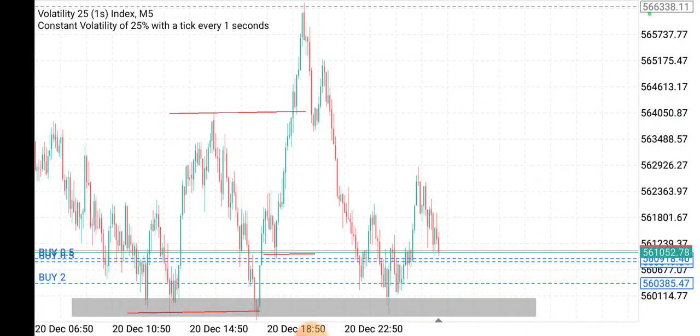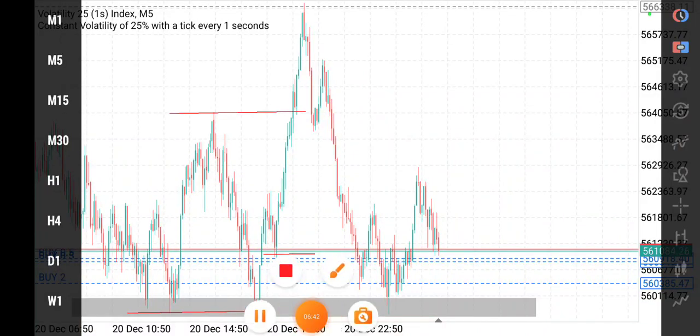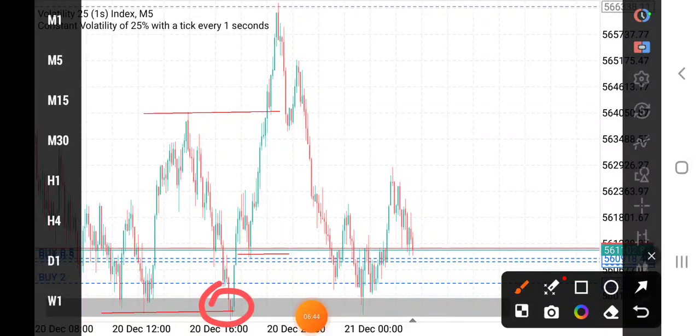Then after marking all this, the last thing I need to check for is to mark my valid order block. The order block is right here. Why is this my order block?